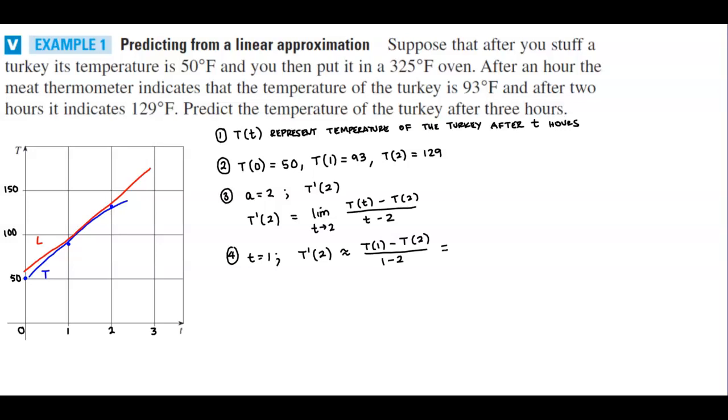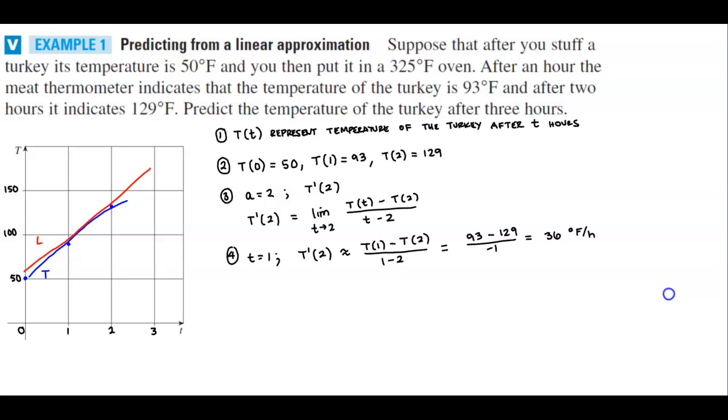And we know that T of 1 is 93 degrees. We know that T of 2 is 129 degrees. And we know that 1 minus 2 is negative 1. And when we solve, we end up getting 36. Now this is 36 degrees Fahrenheit per hour.